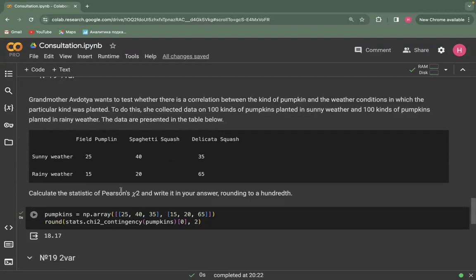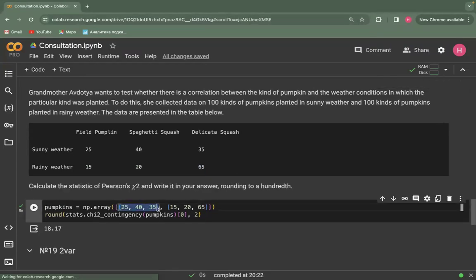So what we do, we look in a table, we see one class, sunny weather, we see the second class, rainy weather, we put in our data sets like this and just use the function chi2_contingency using this array. If you see, we have to use a matrix.